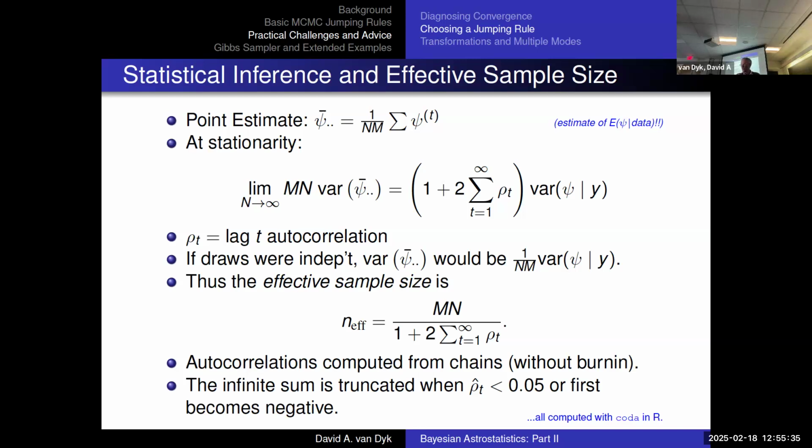Because I have correlated draws from a Markov chain instead, the formula is more complicated. It's this monster here. It still depends on the posterior variance, but instead of just 1 over nm, it has this term that depends on all the lag correlations: rho 1 is the lag 1 correlation, rho 2 is lag 2, rho 3 is lag 3. So the more big correlations you get, the bigger the variance is.